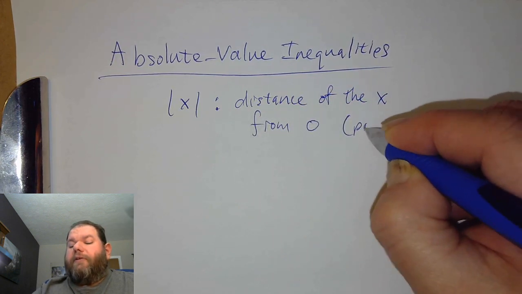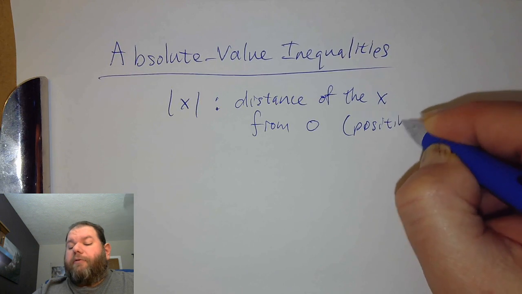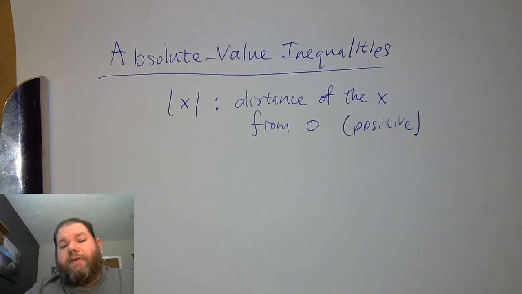And when we say distance, this implies it will be a positive number, because we always measure distances with positive values.